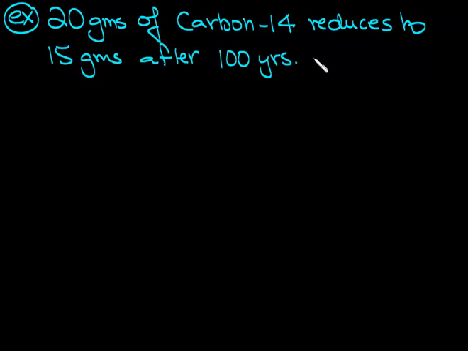Carbon 14 is used for trying to figure out how old a fossil is. It's called carbon dating. They measure the amount of carbon 14 left in the fossil, and then they can figure out how old that fossil was.